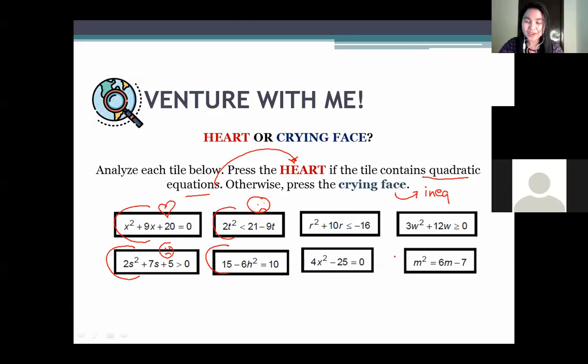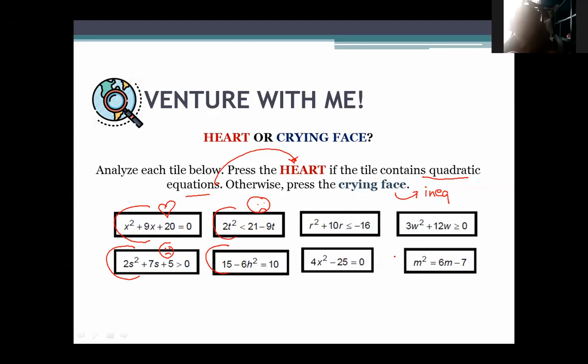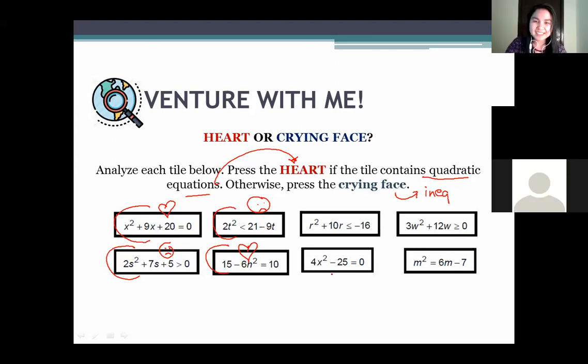Heart or crying face? It must be a heart. It's a quadratic equation.